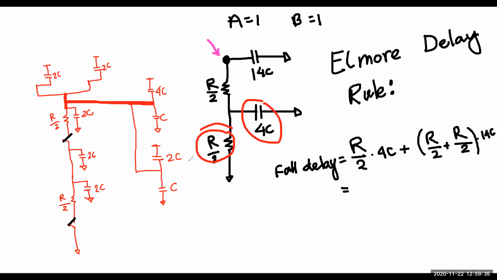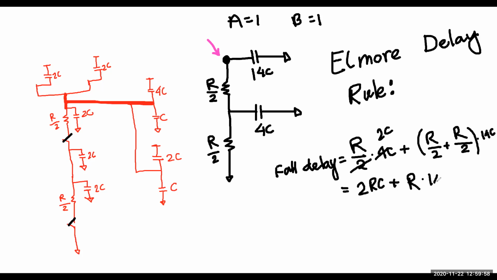Okay, everyone? So what we got? 2C and 4C, this will be 2RC. Here you got 2RC. Here you got what? R by 2 plus R by 2 becomes R, and you have 14C. So 14RC actually. So 14RC plus 2RC becomes what? 16RC. Understood?